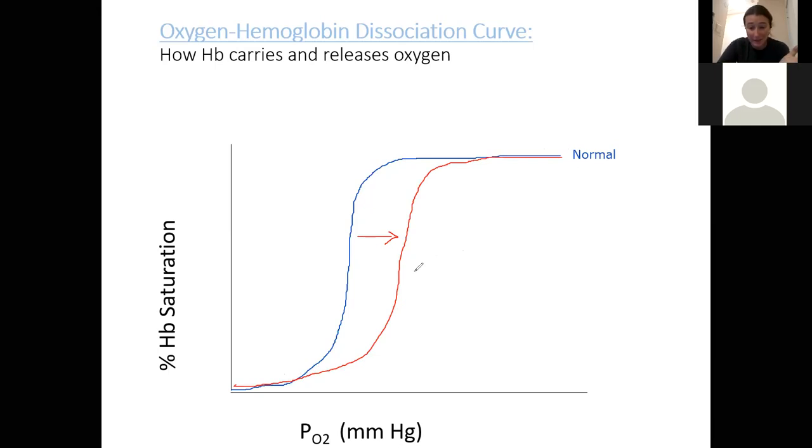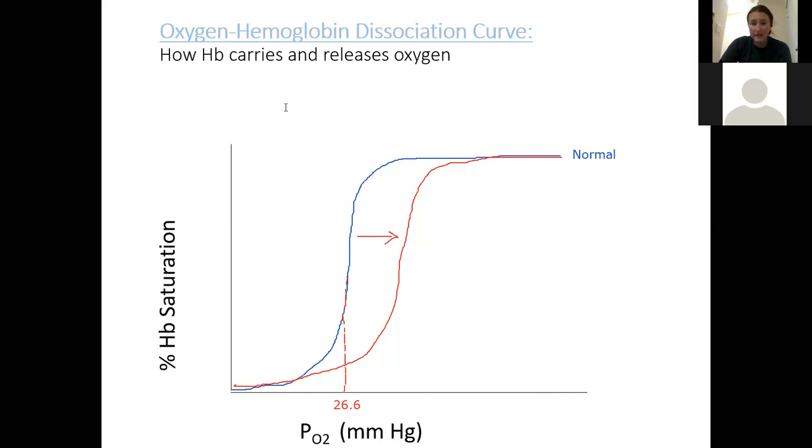And so what we have done here is we have changed the P50. Normally it is 26.6, for example. So when the partial pressure of oxygen is about 26.6, 50% of the hemoglobin has unloaded its oxygen.